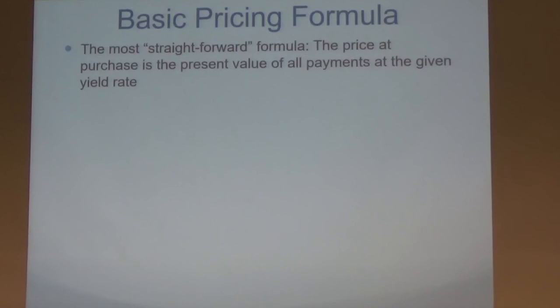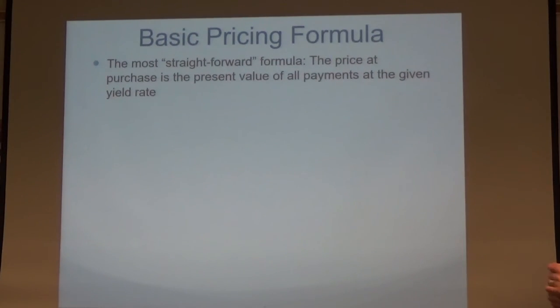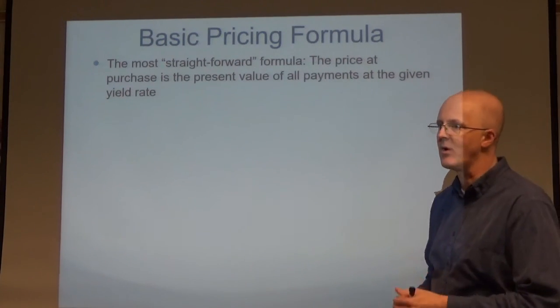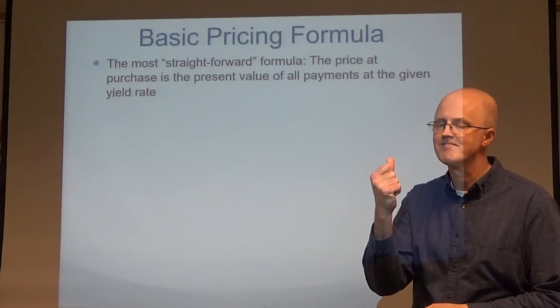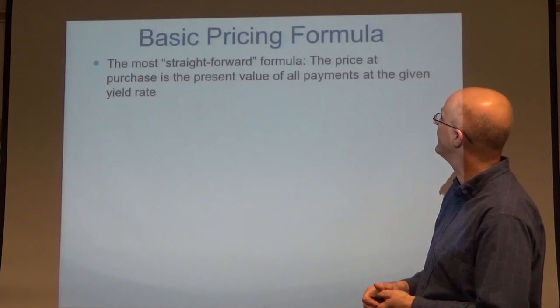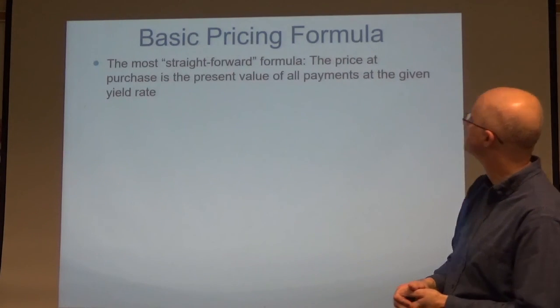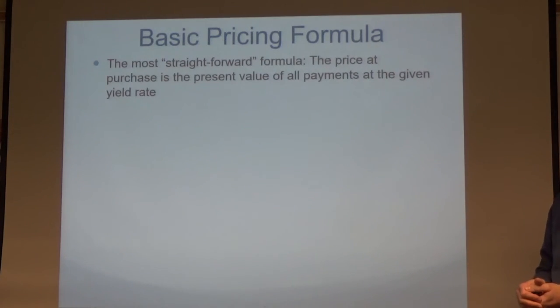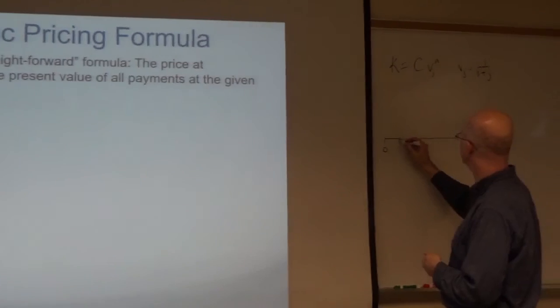How about some formulas? The most straightforward formula, the one that you should either memorize or be able to figure out pretty quickly by thinking about a timeline if you have to, is called the basic pricing formula. It would be the present value of all the coupons, thought of in the usual way. So let's look at this picture. We can draw a timeline.